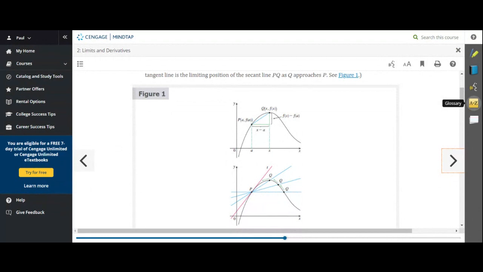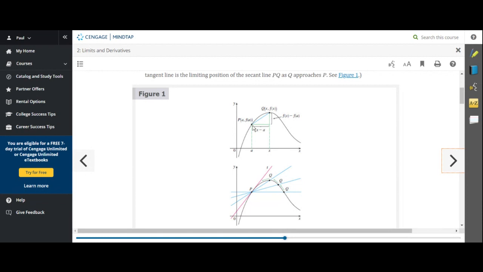So the blue line segment in figure 1, the top graph, is the line segment going from point P to point Q. The rise between the points is the difference of the y values, f of x minus f of a.